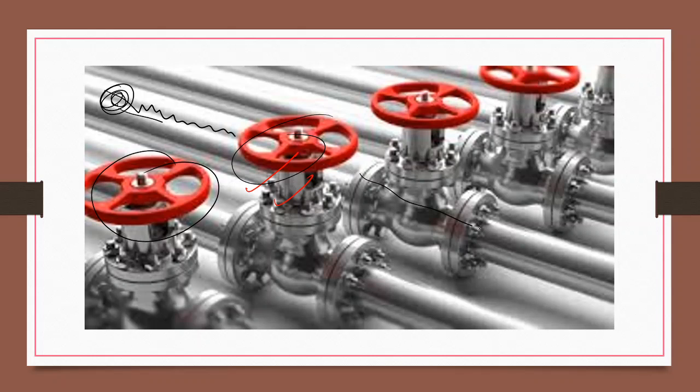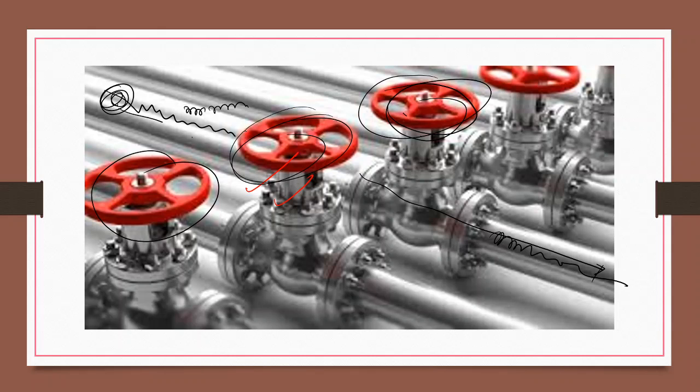Suppose very high speed water is coming, but we don't want to send the total amount of water on this side. In this case, we will rotate this valve so that the amount of discharge is less. So this is the diagram of a valve.